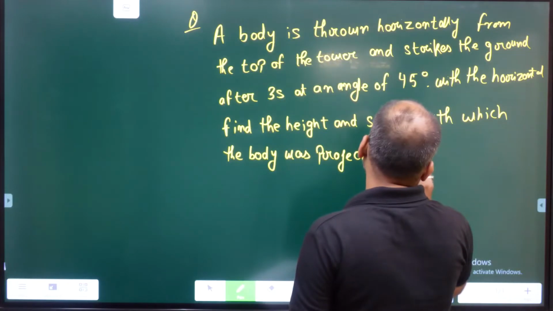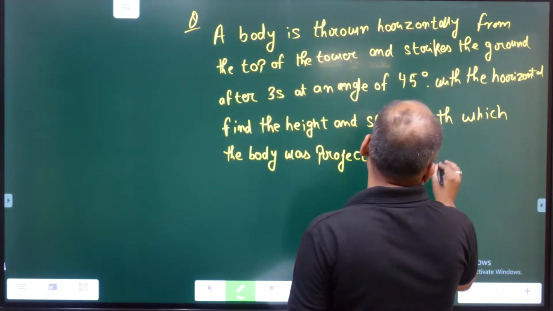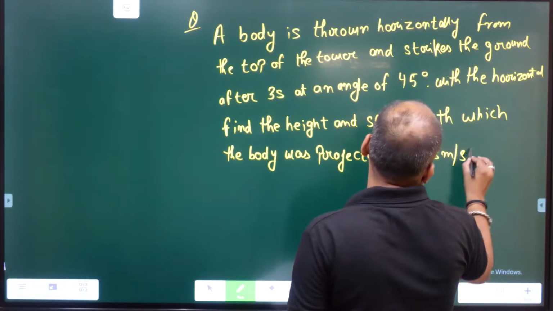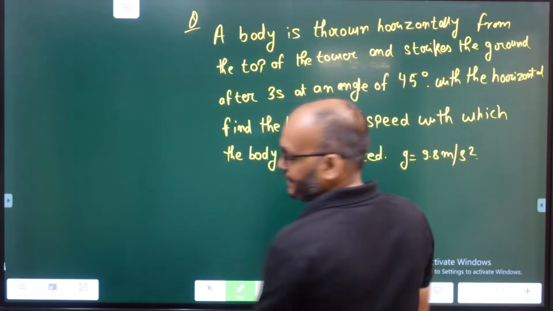You have to take g as 9.8 meter per second squared. You have solved it.